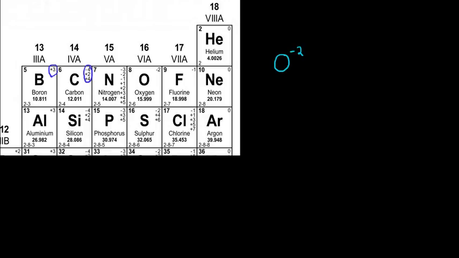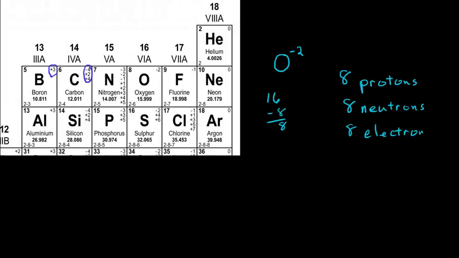Okay, so it's still an oxygen, so it's going to have 8 protons. Okay, it has a mass of 16. 16 minus 8 is 8, so it's going to have 8 neutrons. And so now normally it would have 8 electrons, but it has a -2 charge.